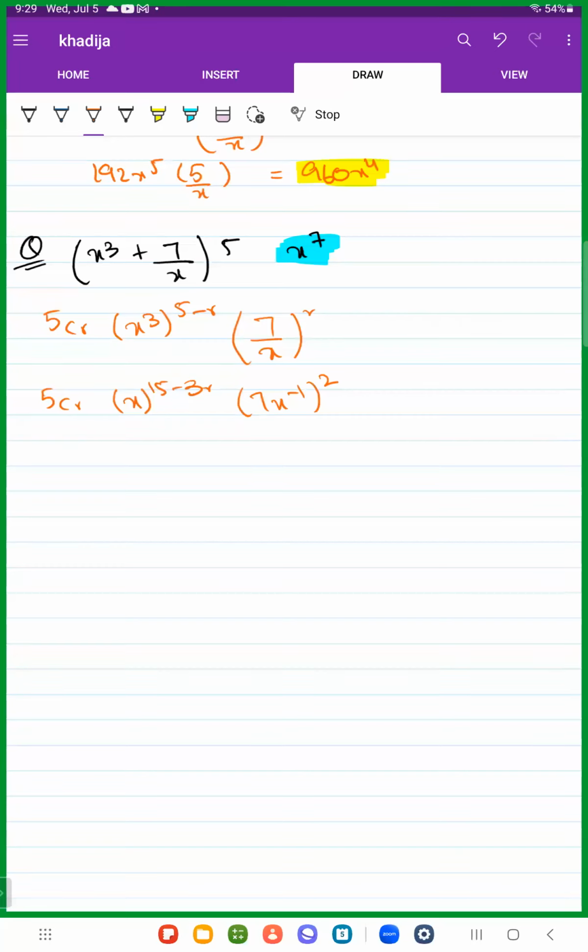Okay. So this x cubed will be 5, so it will be 15 minus 3r minus r equals 7.